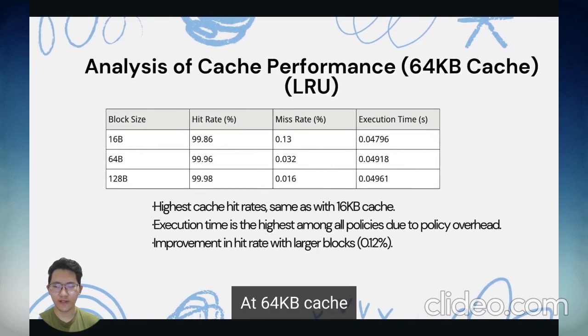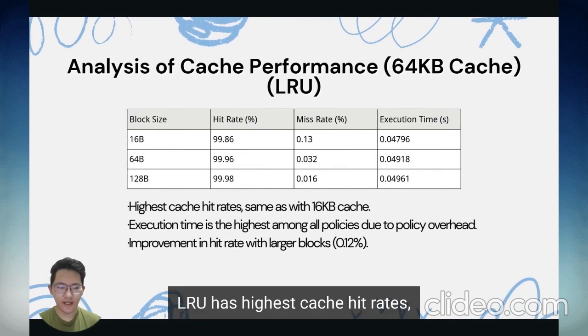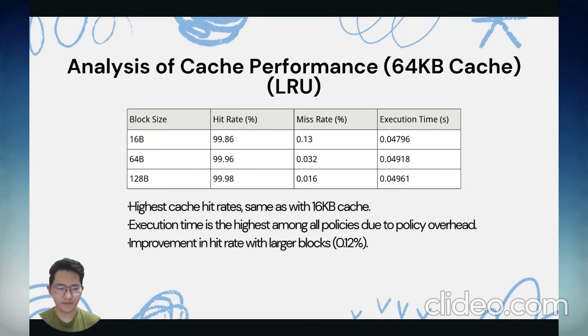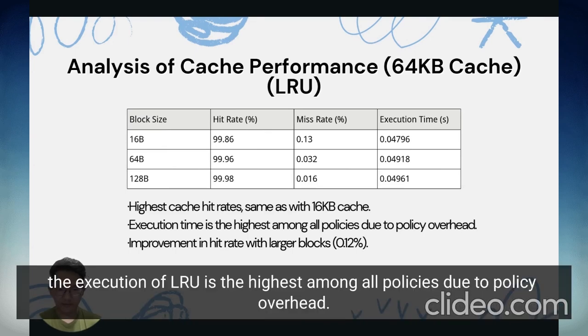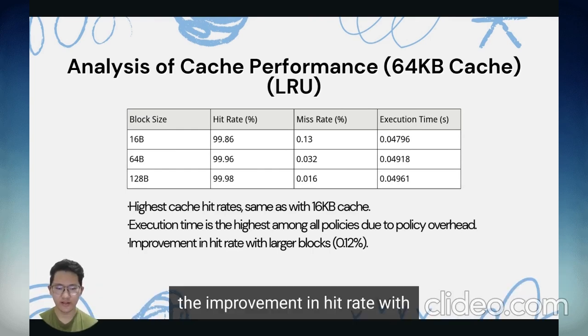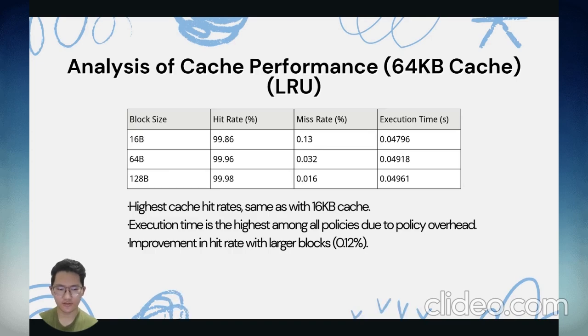At 64 KB cache, LRU has the highest cache hit rate, the same as with 16 KB cache. The execution time of LRU is the highest among all policies due to policy overhead. There is an improvement in hit rate with larger blocks.